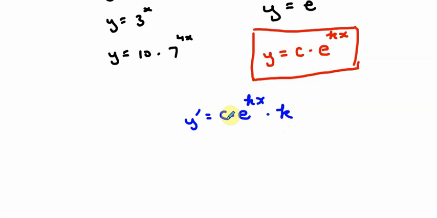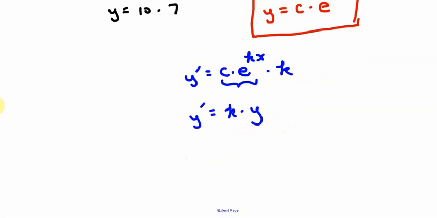Now you'll notice that c times e to the kx is exactly the same thing as y. So I'm going to switch this out and write it like this: the derivative is just k times the original function y.